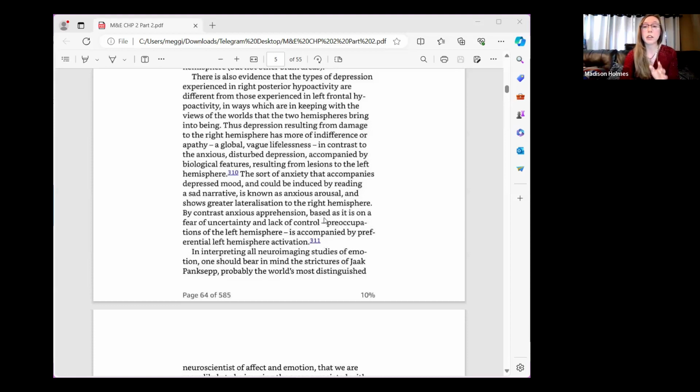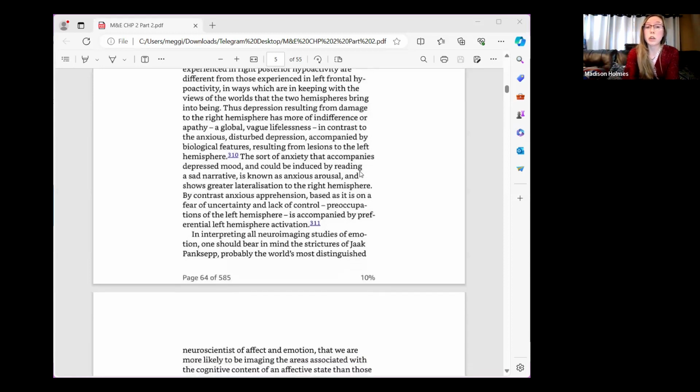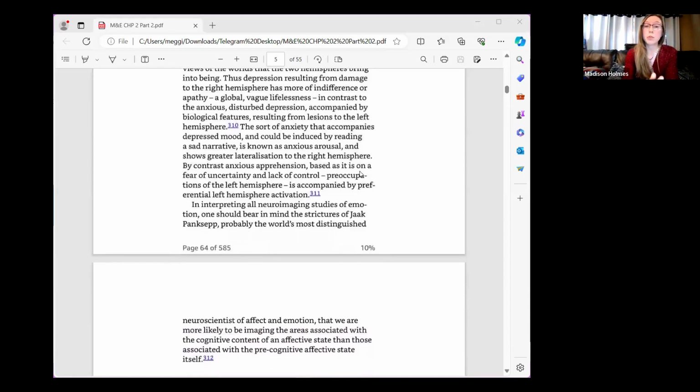So this last little section: there's also evidence that the types of depression experienced in right posterior hypoactivity, so that's the right back again, are different from those experienced in left frontal hypoactivity, in ways which are in keeping with the views of the world that the two hemispheres bring into being. Thus, depression resulting from damage to the right hemisphere has more of an indifference or apathy, a global, vague lifelessness, in contrast to the anxious, disturbed depression accompanied by biological features resulting from lesions to the left hemisphere.